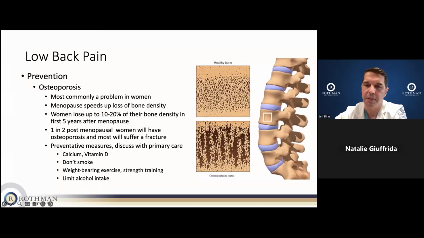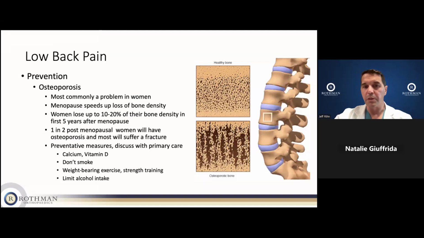Prevention of osteoporosis. I personally don't treat osteoporosis, but it's a big issue that I see a lot in the hospital because I see a lot of fractures from it. It's most commonly a problem in women. When women reach menopause, it speeds up the loss of bone density because the levels of estrogen go down.